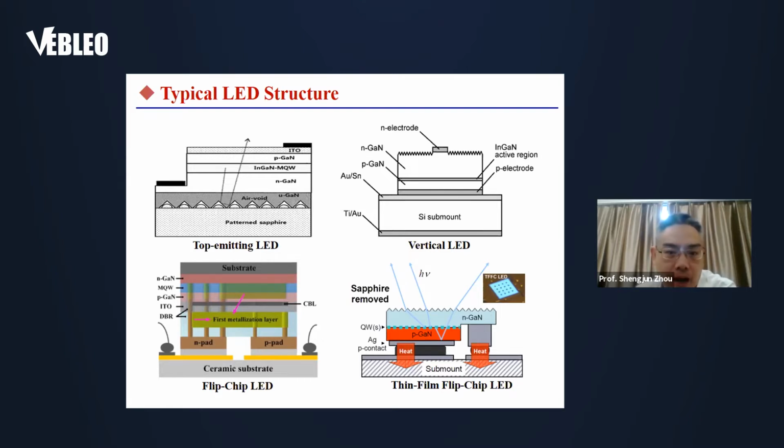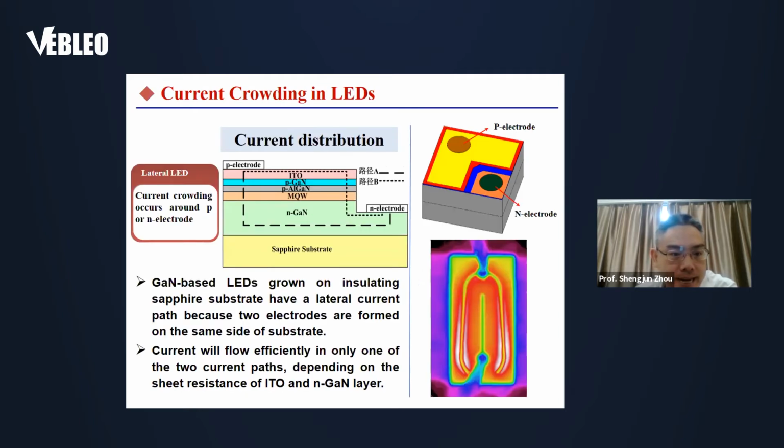Thin-film flip chip LED. Gallium nitride-based LED grown on insulating sapphire substrate have a lateral current path because two electrodes are formed on the same side of substrate. Current will flow efficiently in only one of the two current paths, depending on the sheet resistance of ITO and N-type gallium nitride layer.